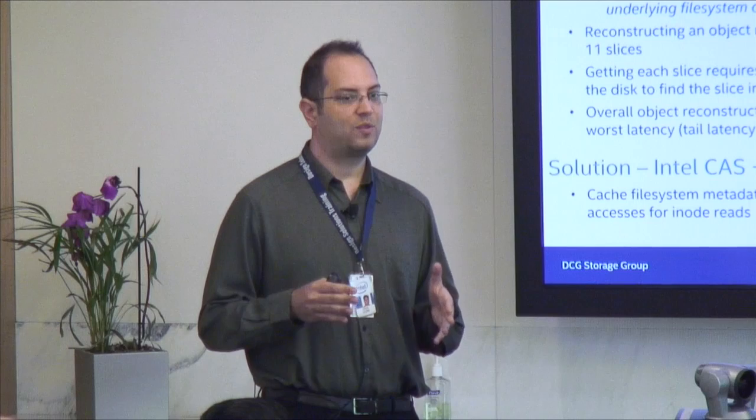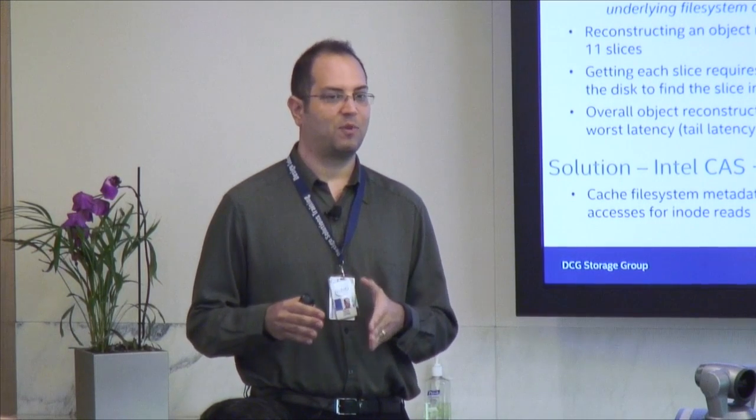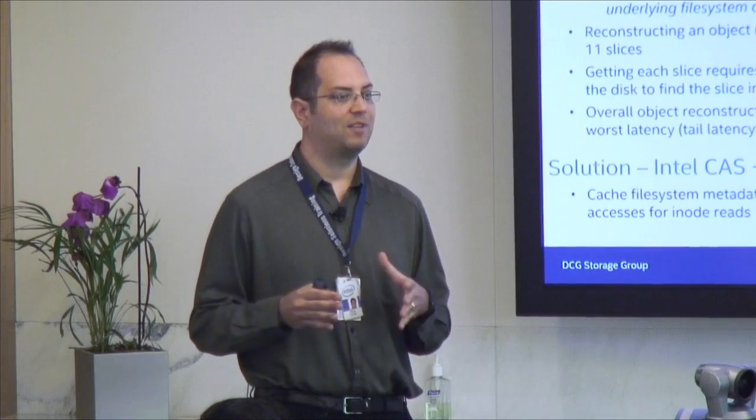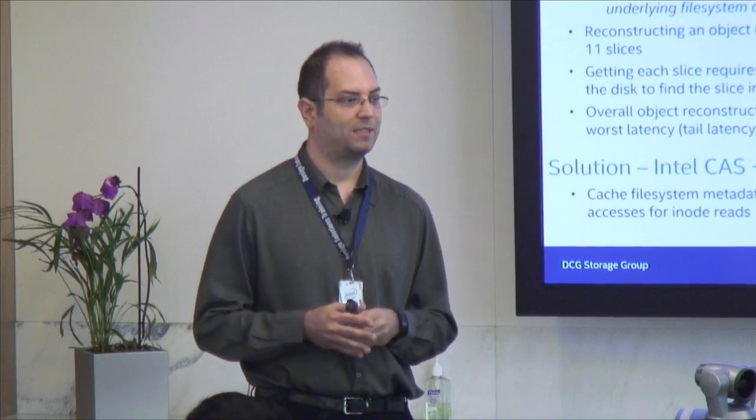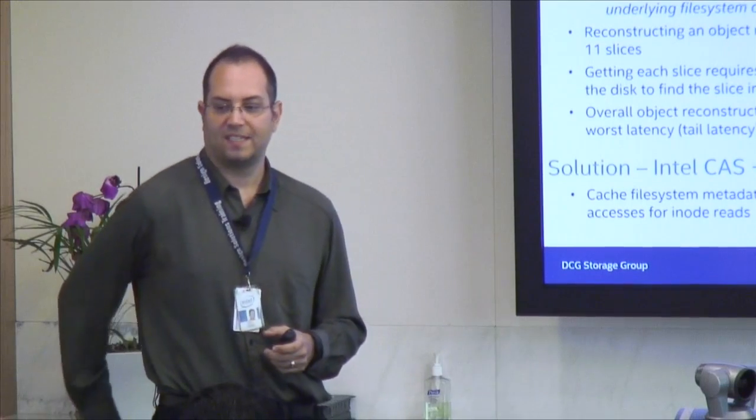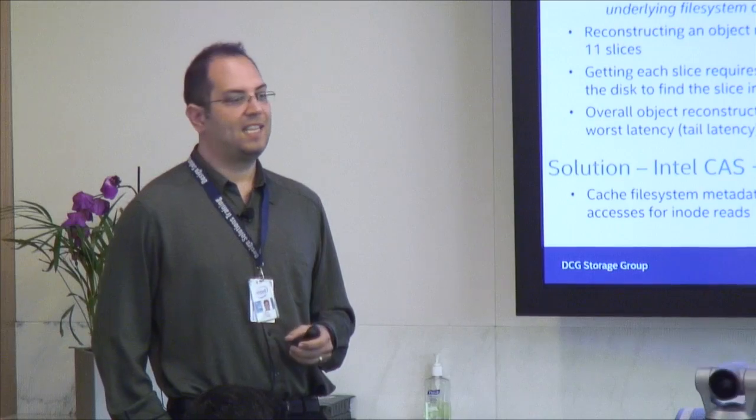If any one of those slices has poor latency, you have to wait for that one before you can reconstruct the object. Well, you'd need 4 to have bad latency, right? Because you just need 8 out of the 11, so you'd need 4 of the 11. That's true. Right. So the latency is of the 8th to respond. Yeah, the effective worst latency of the 8 that do respond.